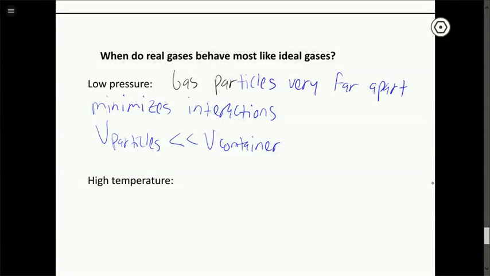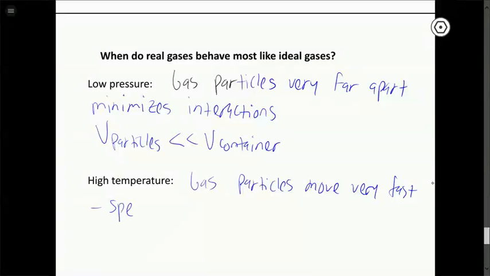Okay, so the volume of the particles is much smaller than the volume of the container, provided that the gas sample is pretty dilute, where there's not a lot of pressure packed in there. Now, the other condition that leads to more ideal gas-like behavior is high temperature, because at high temperature the gas particles are moving faster, and they spend little time interacting with each other.